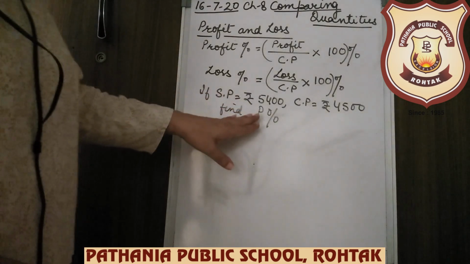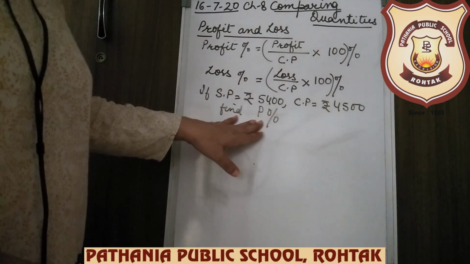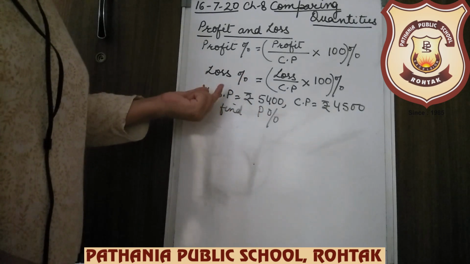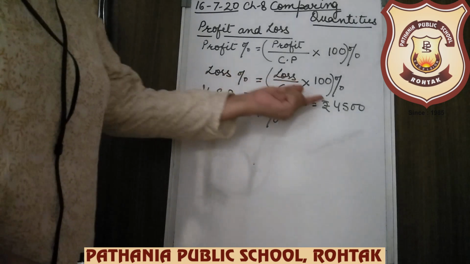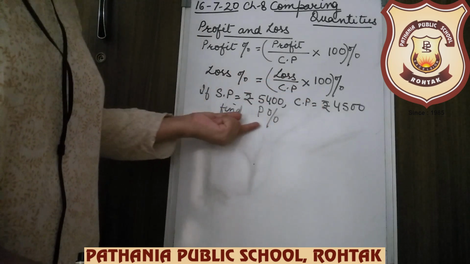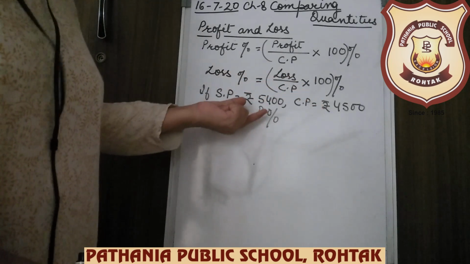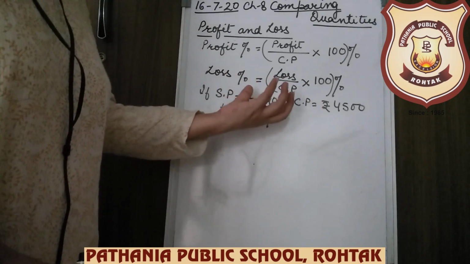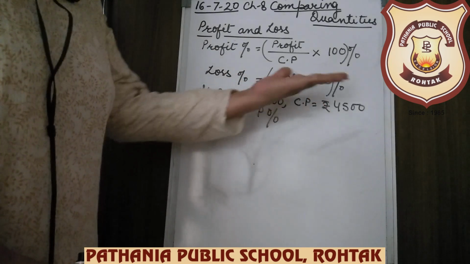Now here they have written profit percent, but there can be a question like this: SP will be given, CP will be given, and instead of writing profit percent they will say that find the gain or the loss percent.